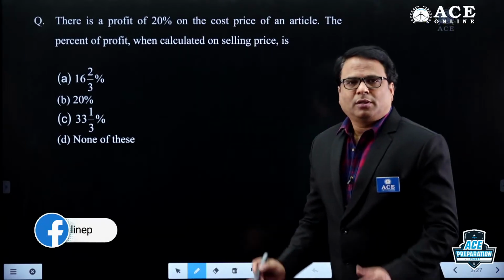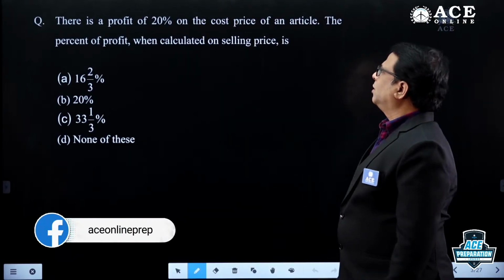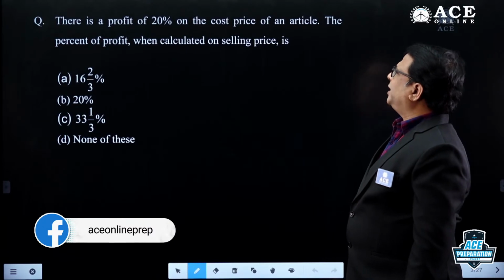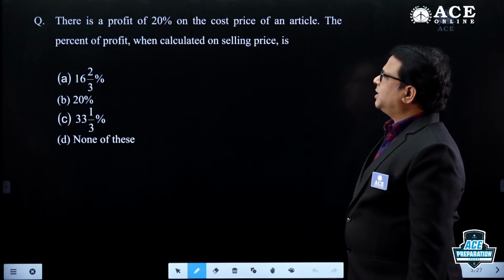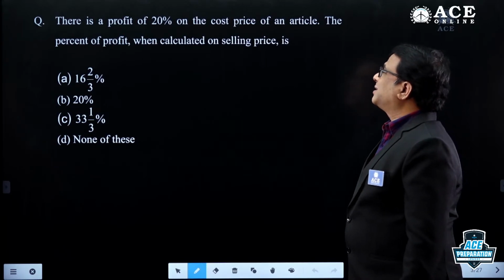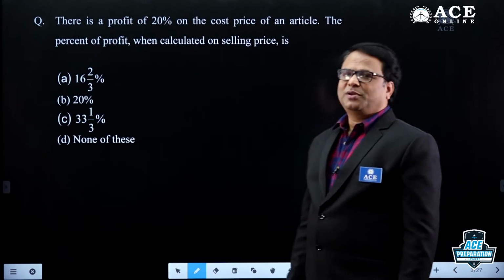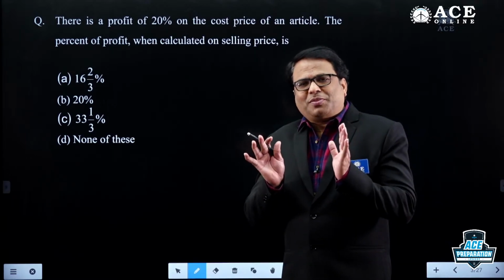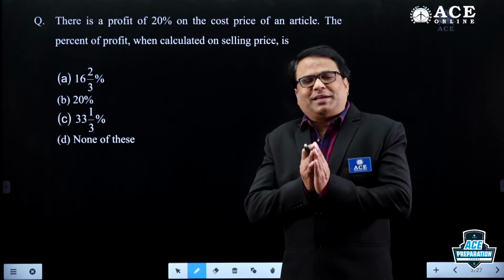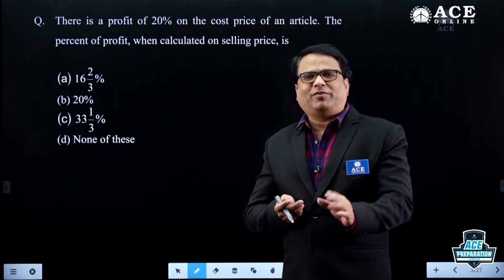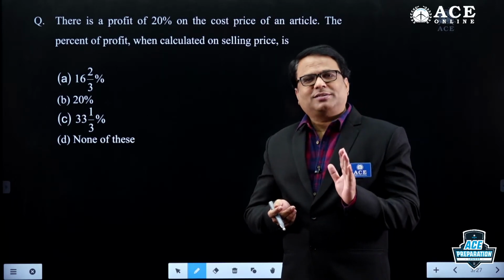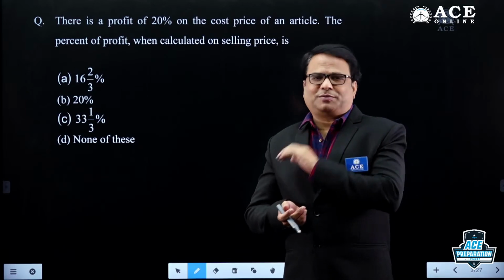Right. This is our next question. There is a profit of 20% on the cost price of an article. The percent of profit when calculated on selling price is. Now, I told you that profit or loss is always calculated on cost price. Whether you calculate profit or loss, it is always calculated on cost price.